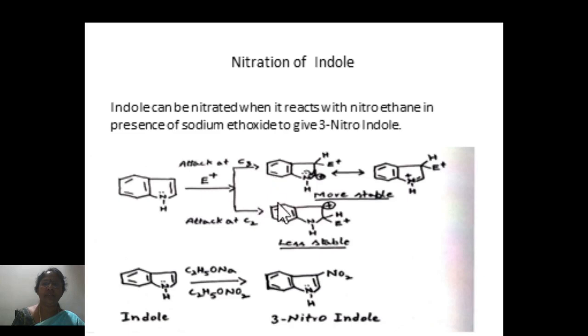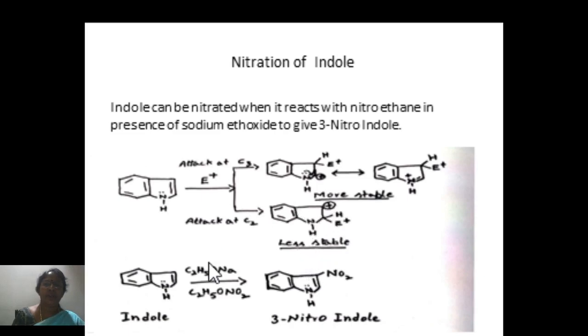Here you can see different resonating forms, and the most stable cationic form is when the substitution occurs at C3 position, whereas when the attack is at C2 position, the cation form is less stable.